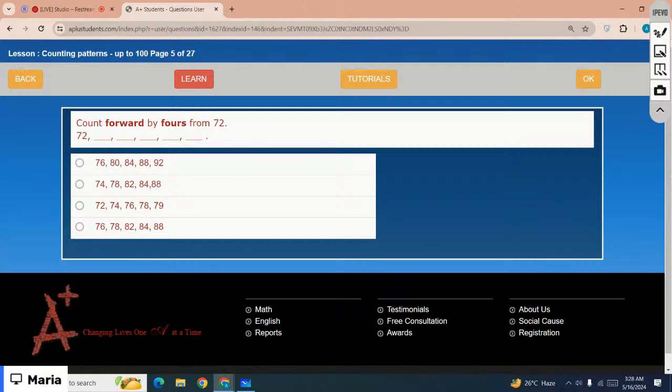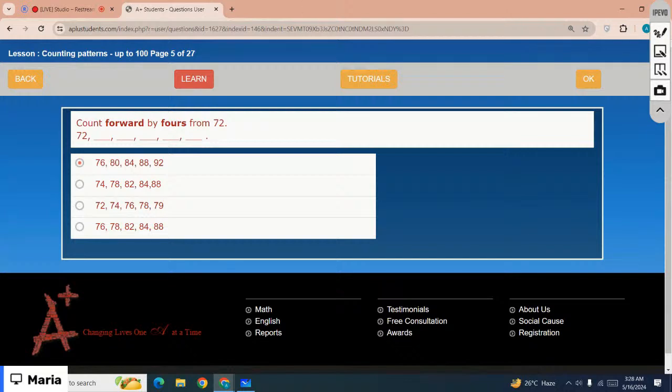The correct option is option number... fours. You have to count, right? That's option number one. You guys were right. I thought that's for count forward by twos, right?